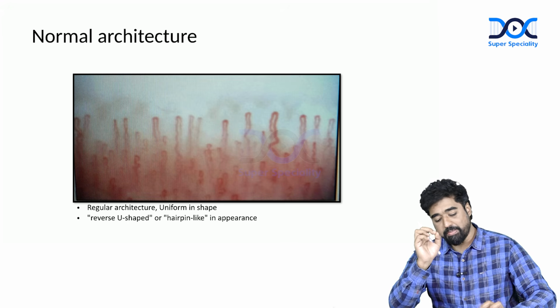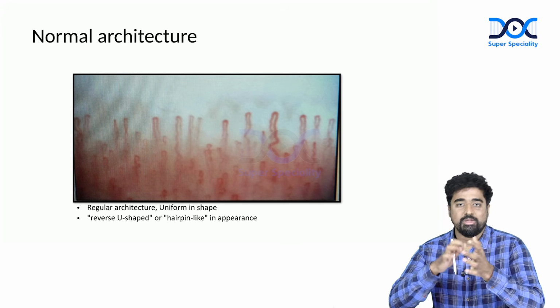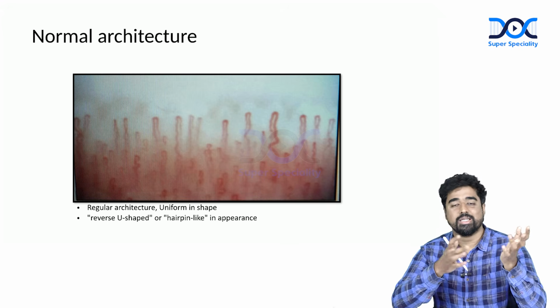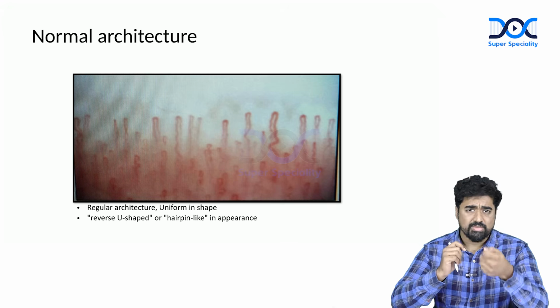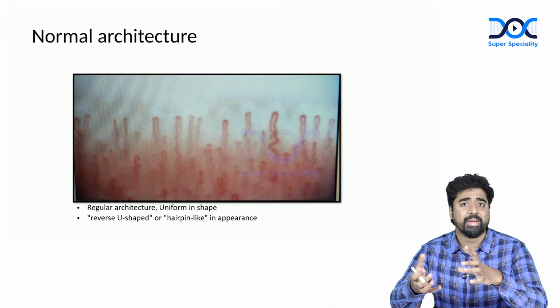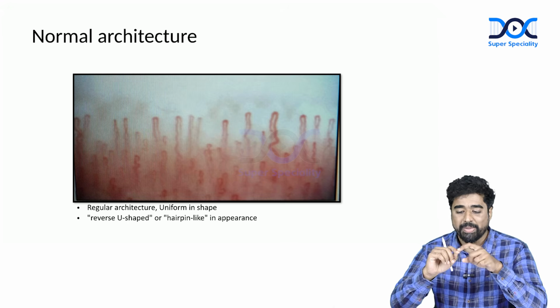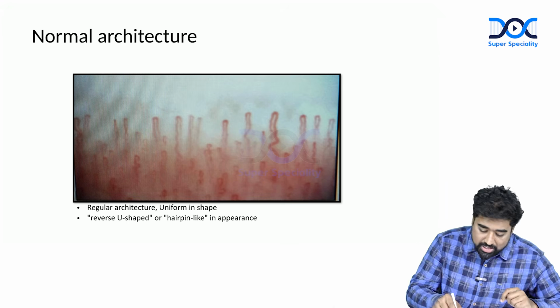Now we come to a very important investigation, that is nail fold capillaroscopy. I don't think for your NEET SS level they will try to ask you the various processes of nail fold capillaroscopy and all. Just remember, it's an instrument. It can look like a microscope, it can look like an ophthalmoscope. Various types of NFCs are there. You're basically looking at the nail fold, and you're looking at those capillaries.